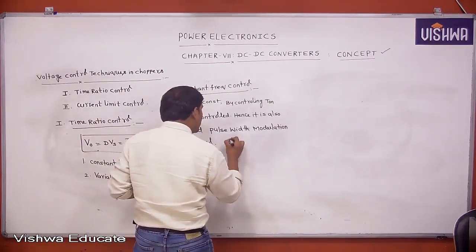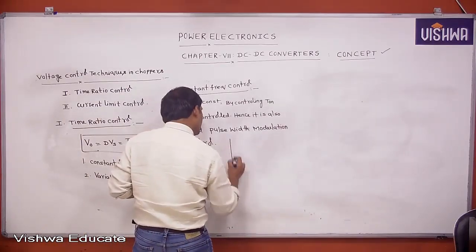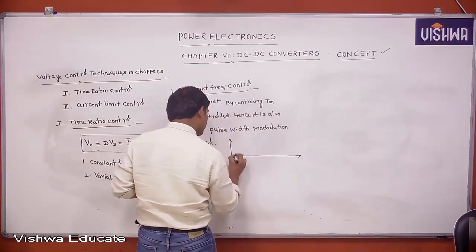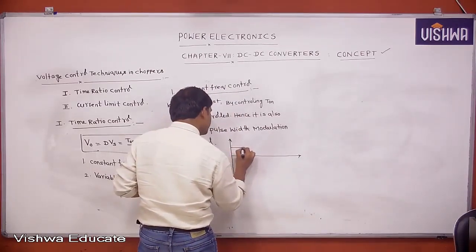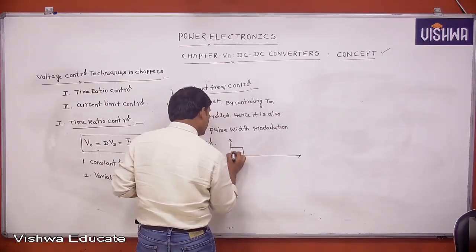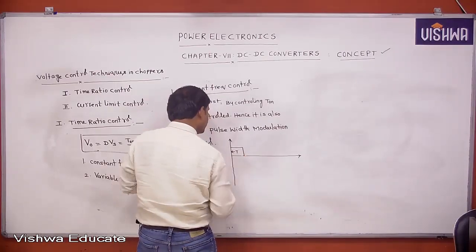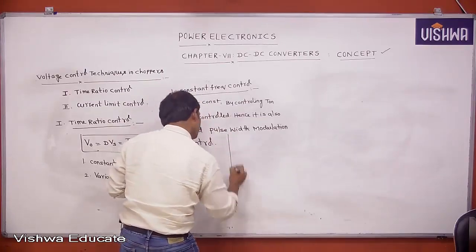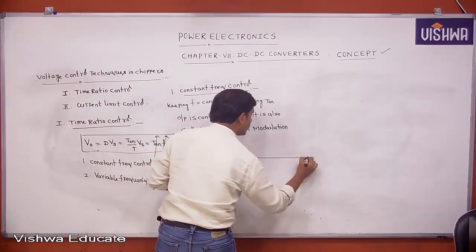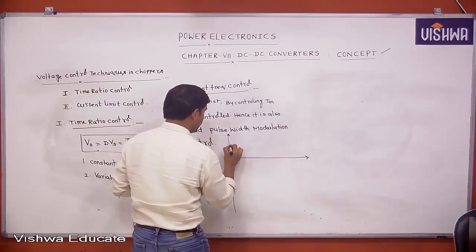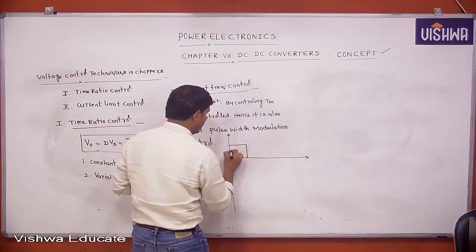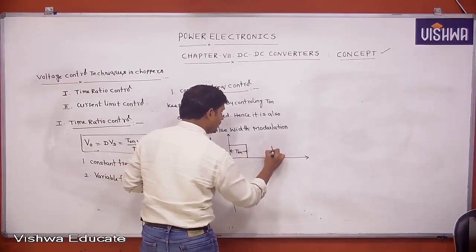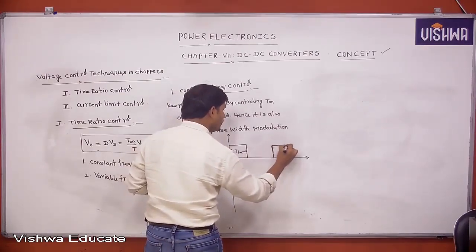I will explain by using one simple example. Let this be T on, the on time. Let this be T off.